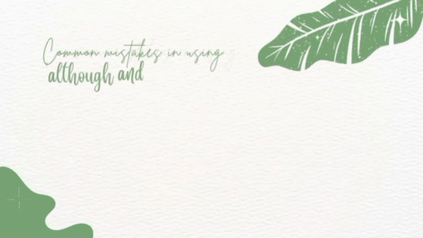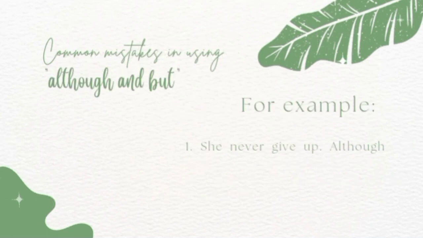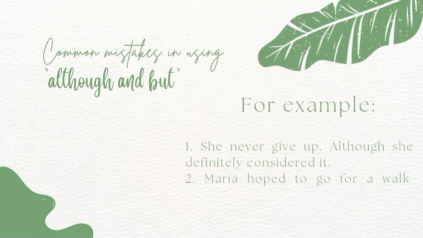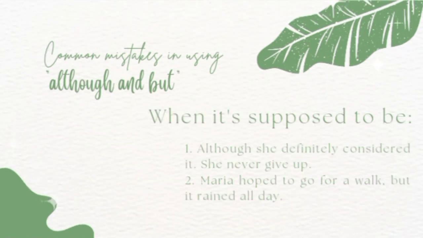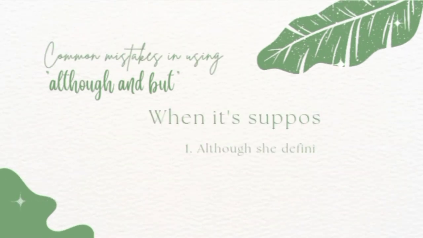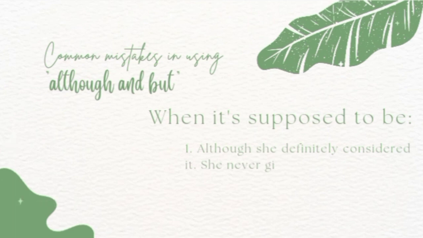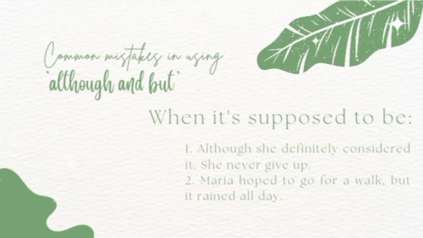Next common mistake is using the words although and but. For example, she never gives up, although she definitely considered it. When it's supposed to be, although she definitely considered it, she never gives up. Maria hoped to go for a walk, but it rained all day.